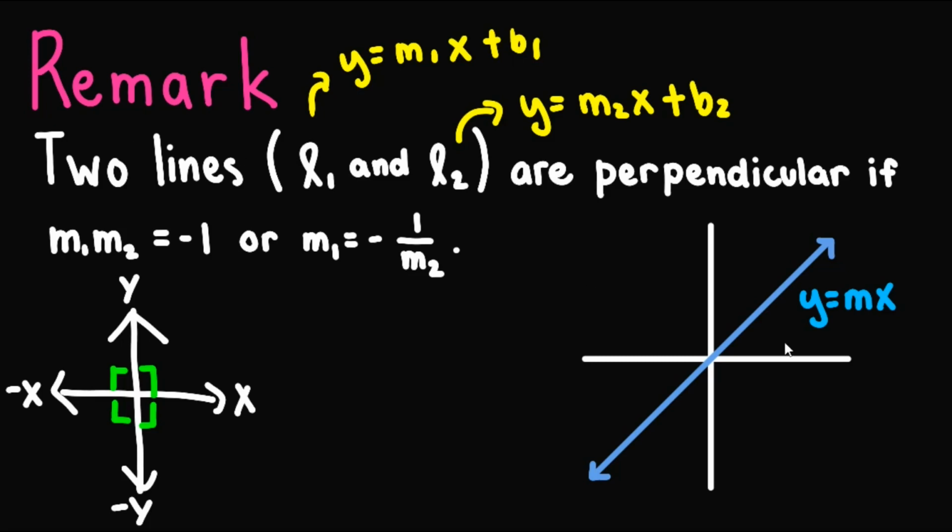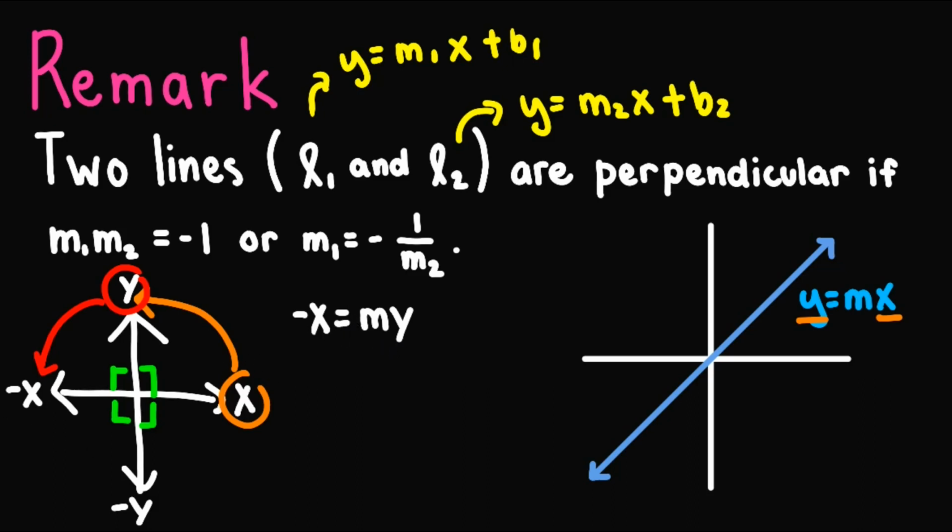Since we have here y and x, we rotate that by 90 degrees. So x rotates to y, and y rotates to negative x. By doing that, this equation becomes negative x equals m times y. Let's write this in its slope-intercept form.